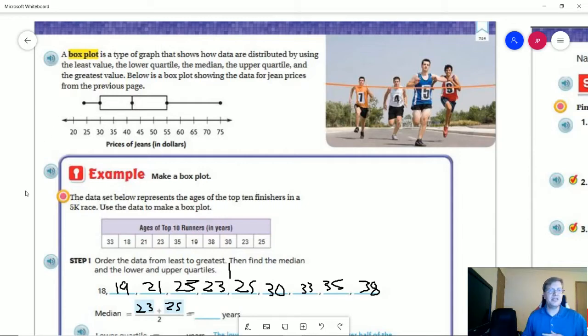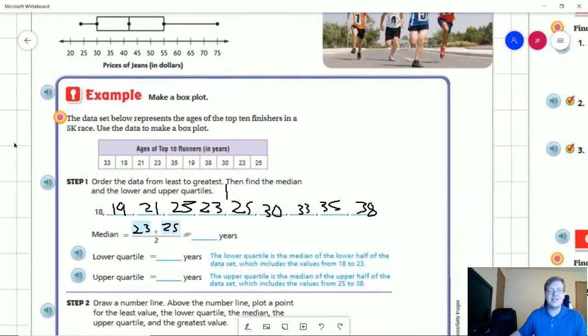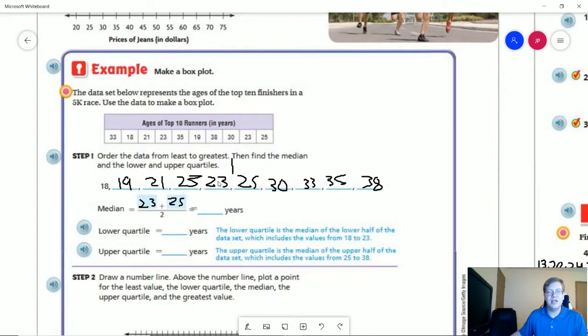So using this example that's on our second page, we are going to go ahead and take the values I've already written in order for you. I've drawn this little line to indicate that our median is going to fall in between these two numbers, and then as we work, we are going to have 5 numbers that we're going to factor together for our lower quartile and 5 for our upper.